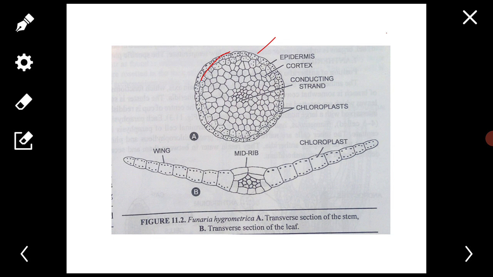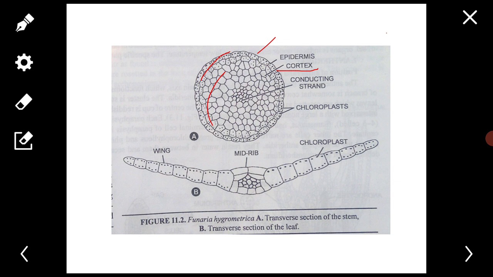Epidermis is followed by a multi-layered cortex. The cortex consists of parenchymatous cells. Outer cells of the cortex toward the epidermis in the young axis contain chloroplasts, meaning they perform the function of photosynthesis.